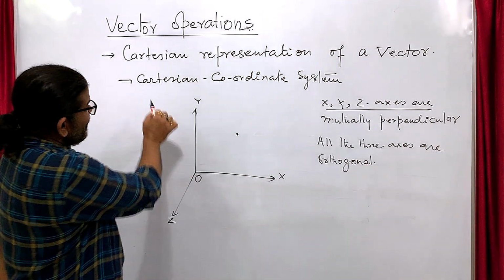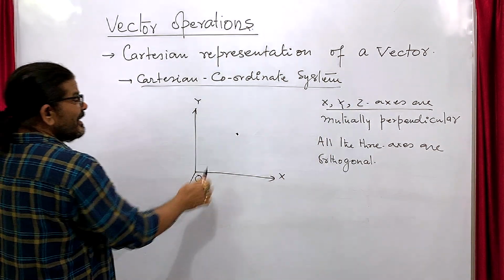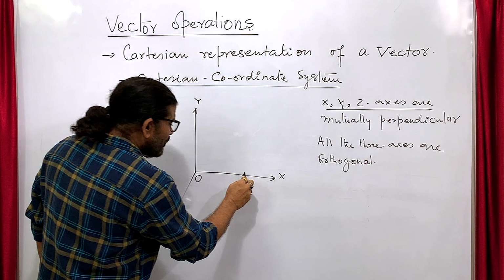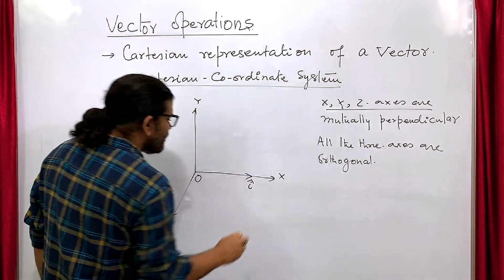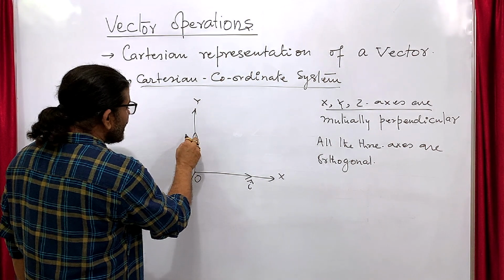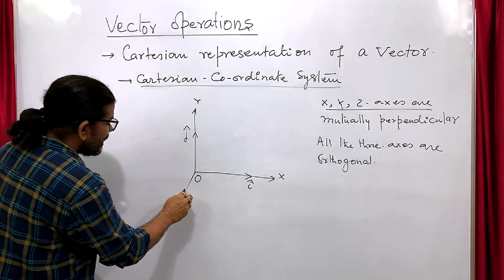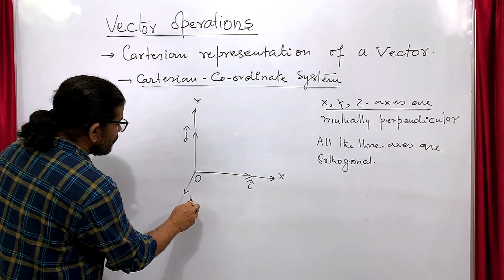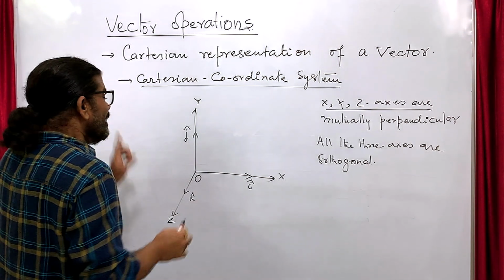But see, first the Cartesian coordinate system is this, and here the unit vector along this direction is denoted by i cap. The unit vector along this direction is denoted by j cap. The unit vector along the z direction is denoted by k cap. i, j, k are again mutually perpendicular.